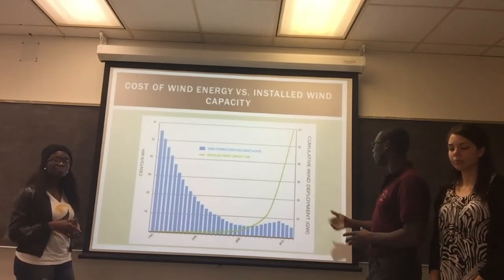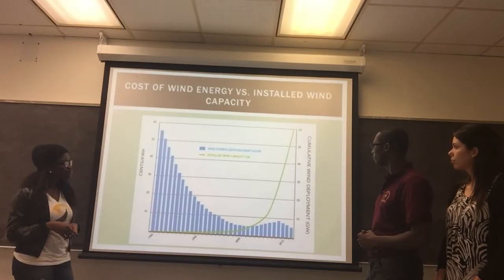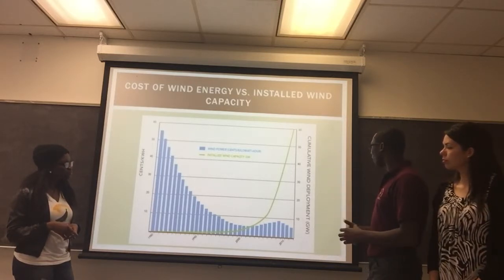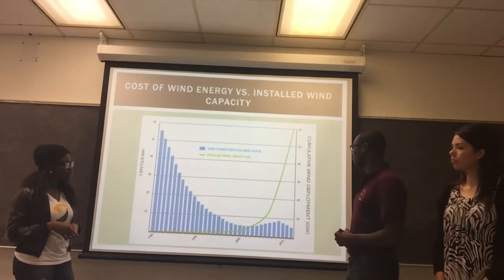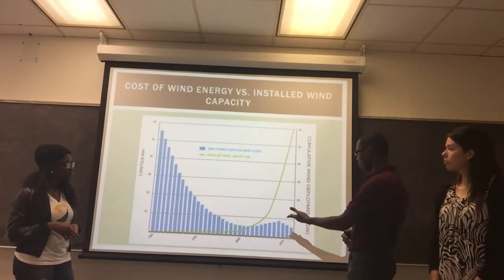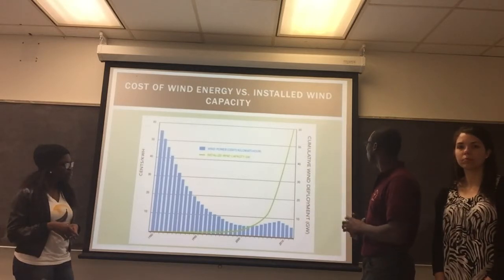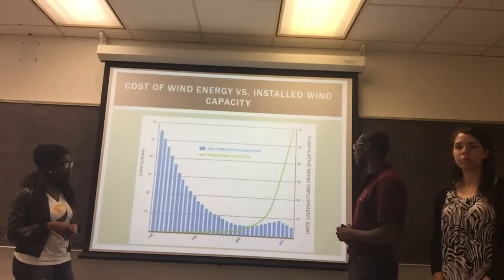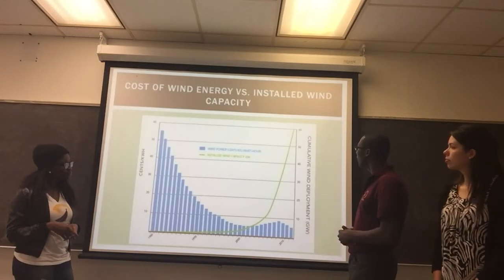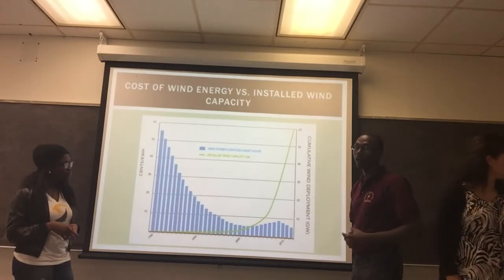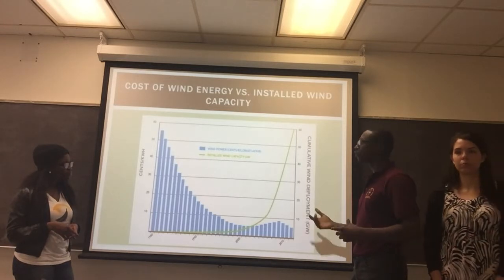On the other hand, the green line trend depicts the increase in the number of wind turbines that have been installed. As you can see, in 2000 the peak had just risen rapidly, and that's due to the fact that the prices had declined and everybody is now leaning to this new method of energy.